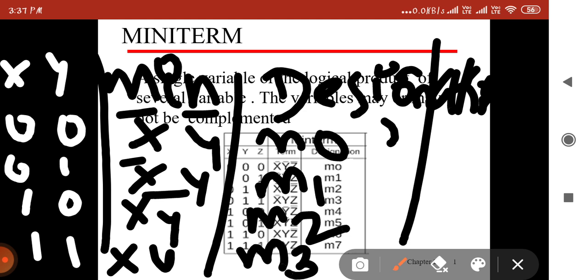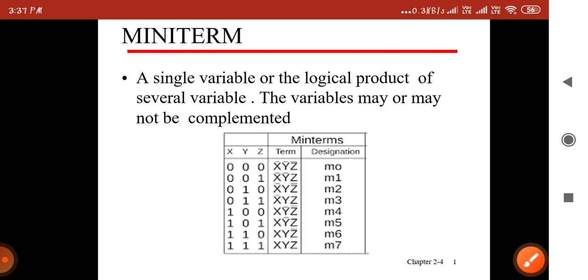The variables may or may not be complemented. Terms like these are called min terms. Min terms are used in the SOP.